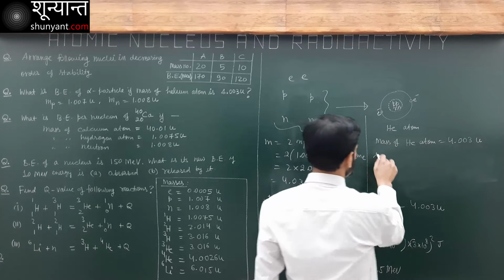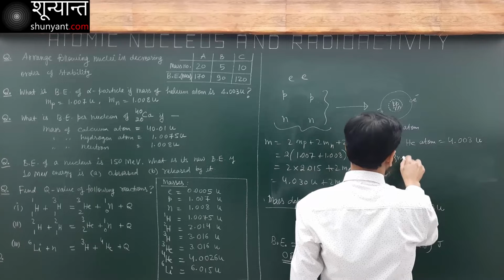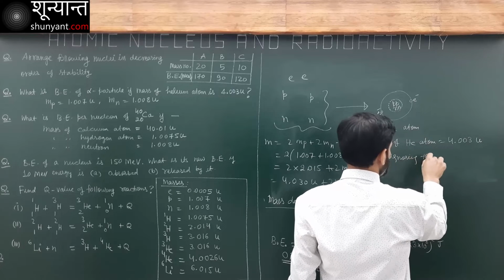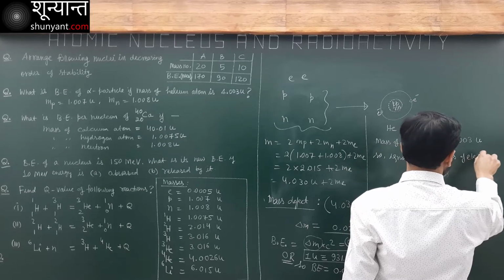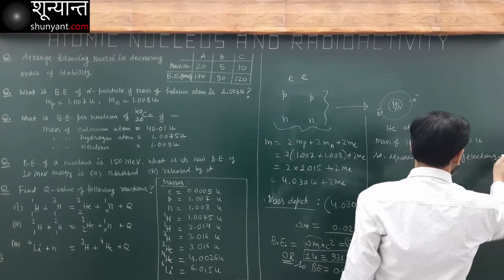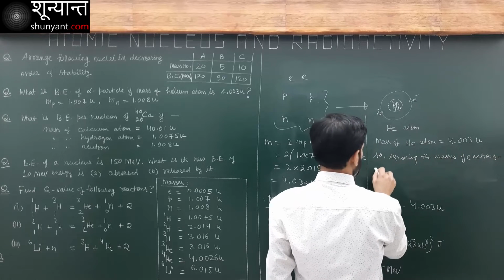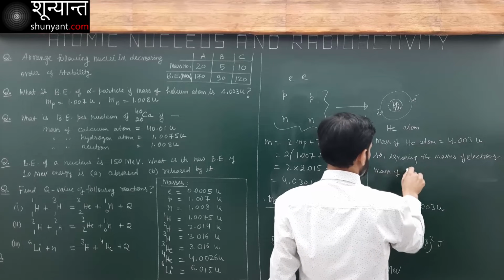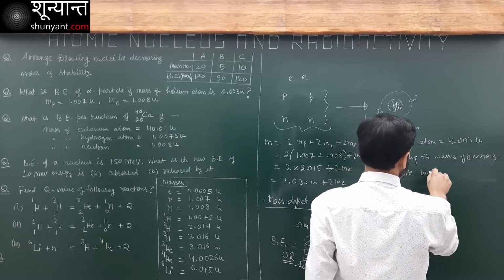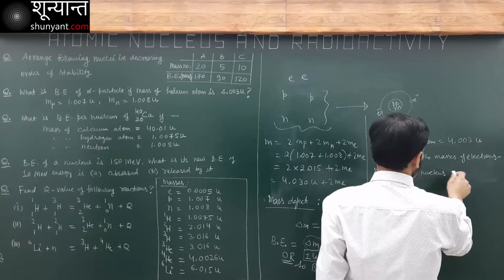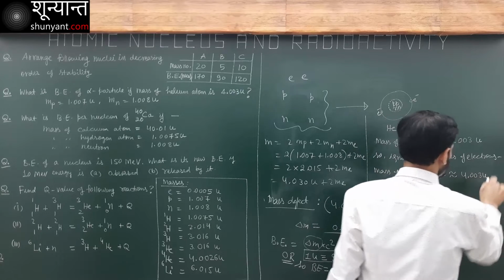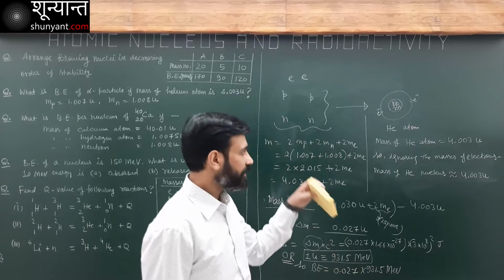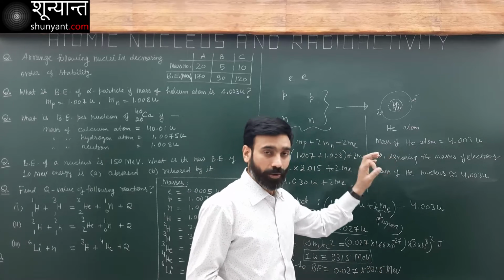So ignoring the masses of electrons, the mass of helium nucleus is approximately 4.003 U. I can think of the same problem in this way also.